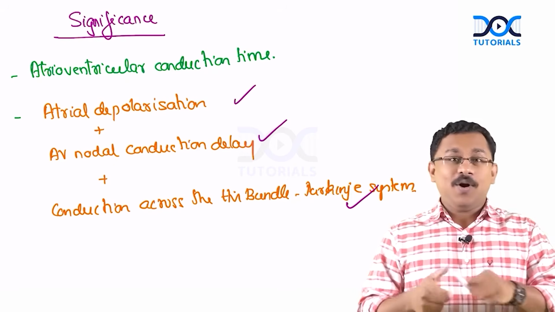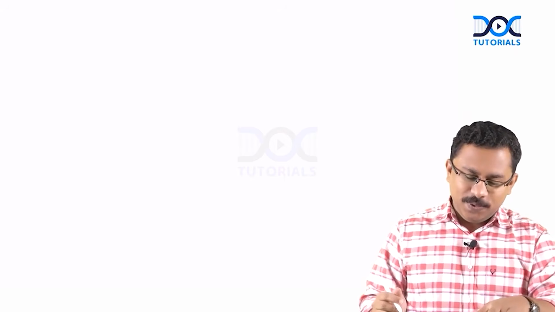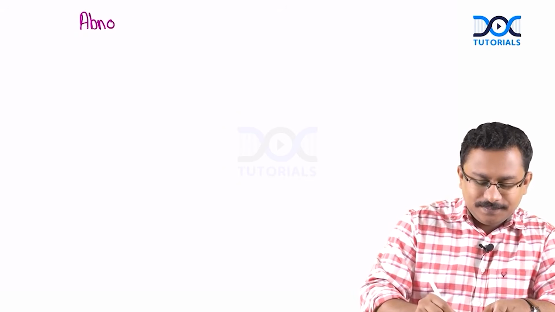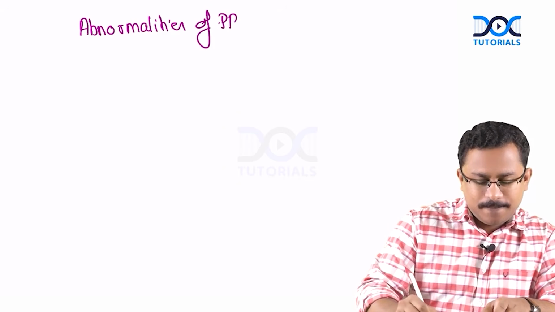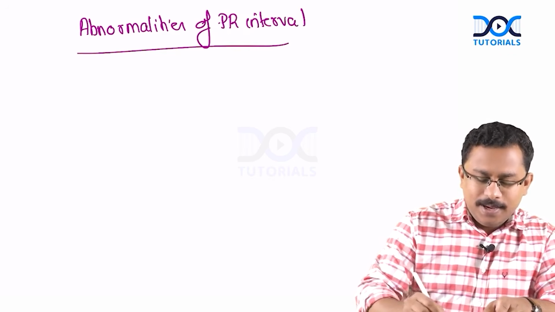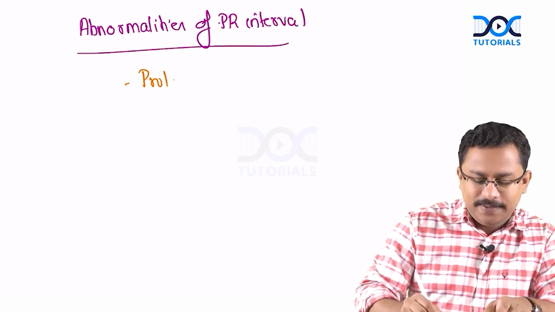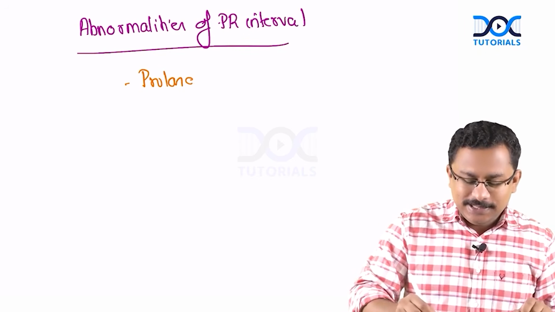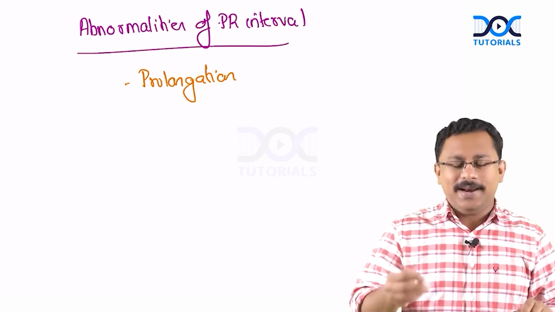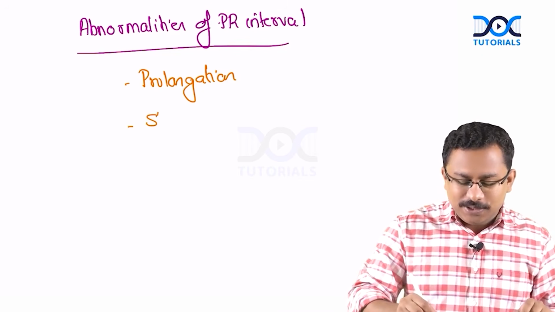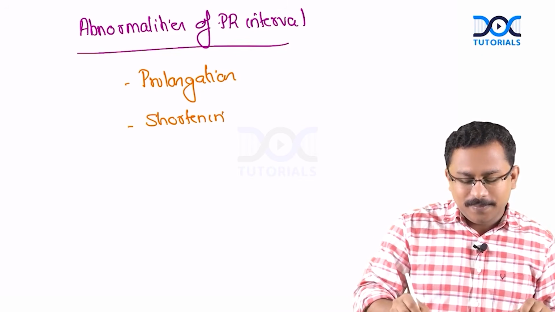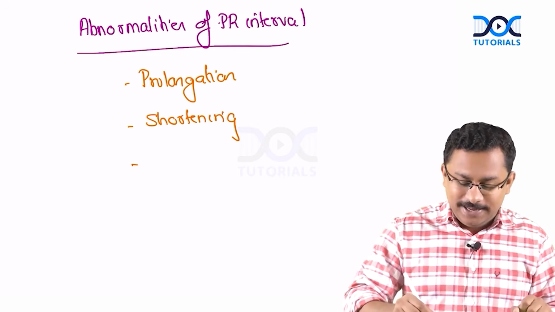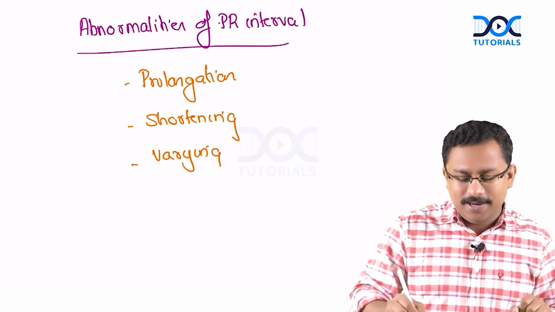Now coming to the abnormalities of the PR interval. Since the normal value is 120 to 200 milliseconds, there can be a prolongation of the PR interval, a shortening of the PR interval, or a varying PR interval.